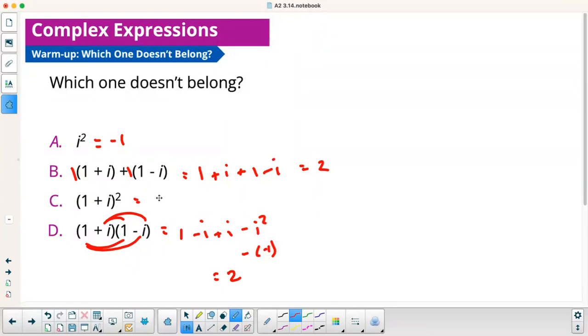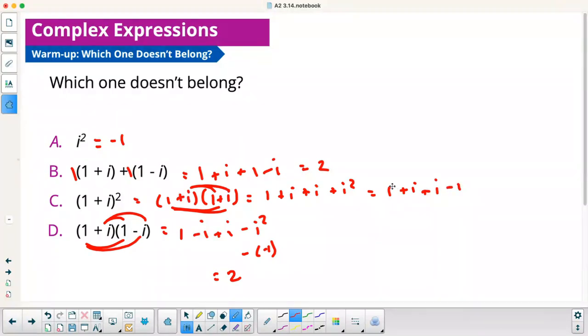If I come over here, this is really 1 plus i times 1 plus i. So if I multiply the 1s, 1 times i, 1 times i, then i times i is i squared, which would be 1 plus i plus i minus 1.